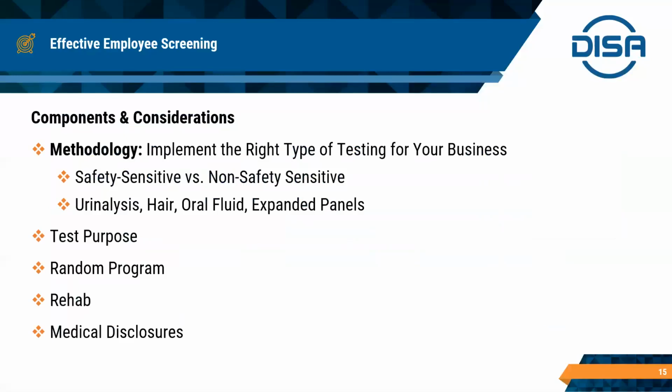And medical disclosures and medical policies help protect the employers, but also the employees from the potential of believing they're doing the right thing and legally doing the right thing, but still having that impairment and that safety risk on site.